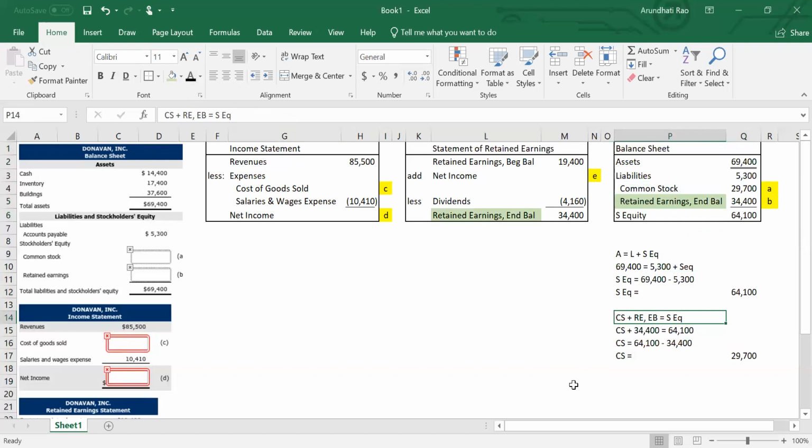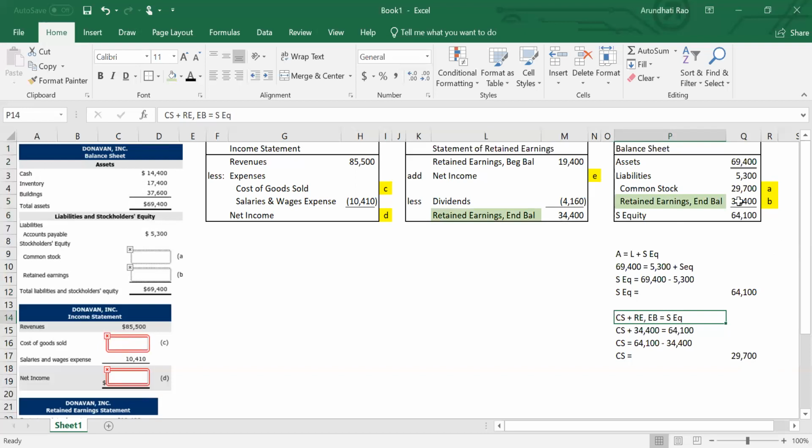Rearrange the terms. Common stock equals the stockholders' equity total minus the retained earnings ending balance. That gives me the 29,700. Now I have A and B. I've taken care of those. To get to A and B, I had to first take the number from here and bring it over here. It's the same number that carries over.